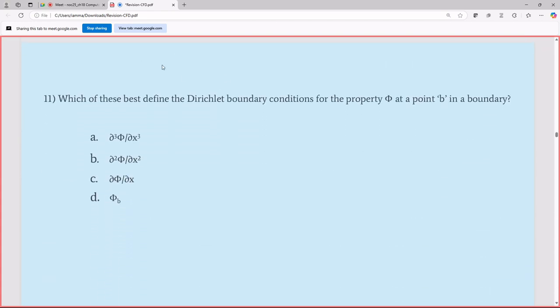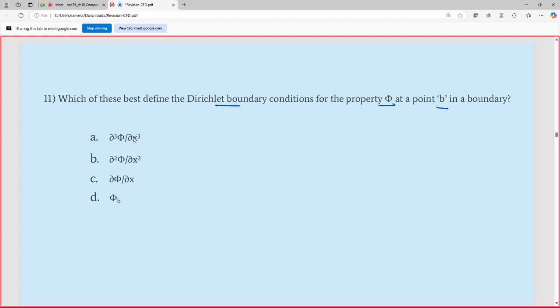Next question: which of the following best defines the Dirichlet boundary condition for property phi at point B in a boundary? Options are option A, del cubed phi by del x cubed. Option B, del squared phi by del x squared. Option C, del phi by del x. Option D, phi b.